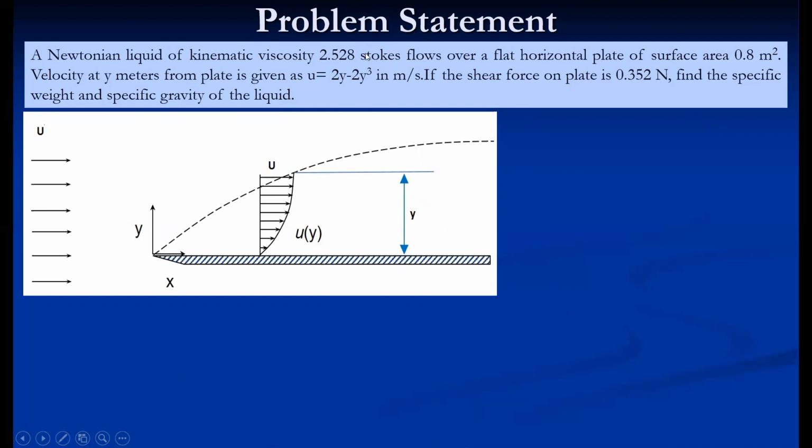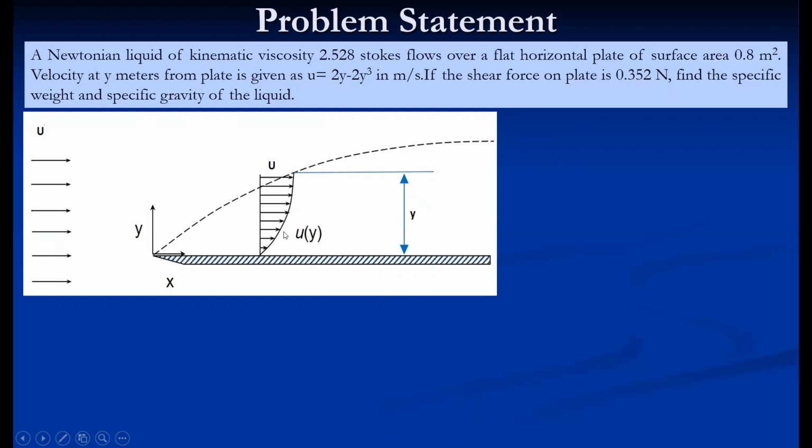While converting, we multiply by 10 raised to minus 4. The area is 0.1 meter square, and the velocity at y meter from the plate is given. The velocity distribution equation is given. If the shear force on the plate, that is at the plate, is 0.352 Newton, find the specific weight and specific gravity of the liquid.